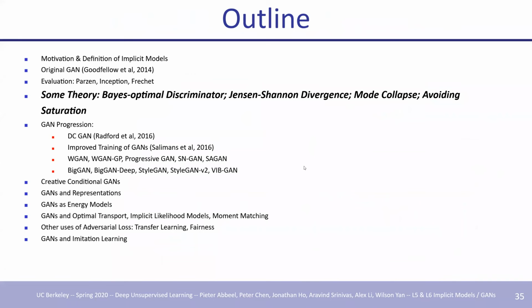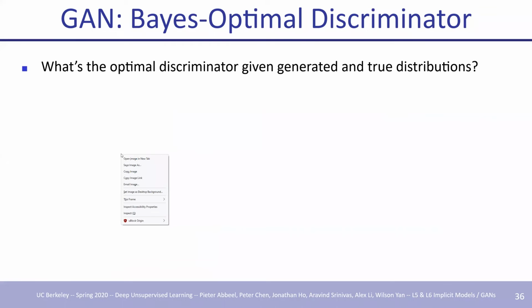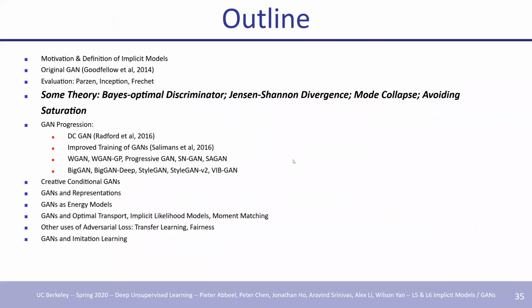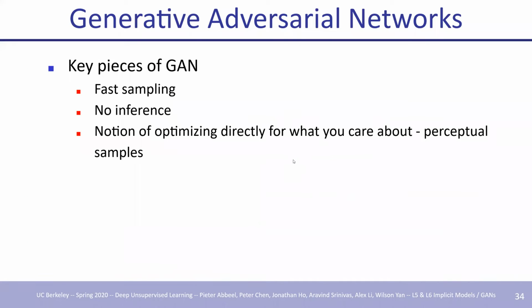Okay, this is probably a summary of generative adversarial networks. So it's the key pieces again. We want fast sampling, no inference, and the notion of optimizing directly for what we care about, perceptual samples.